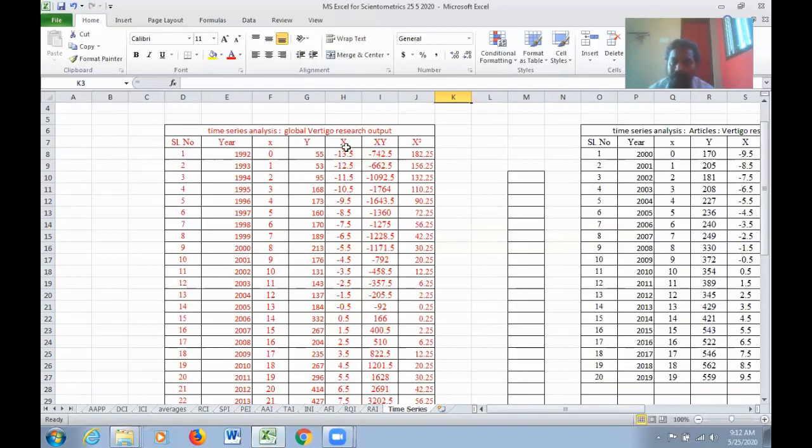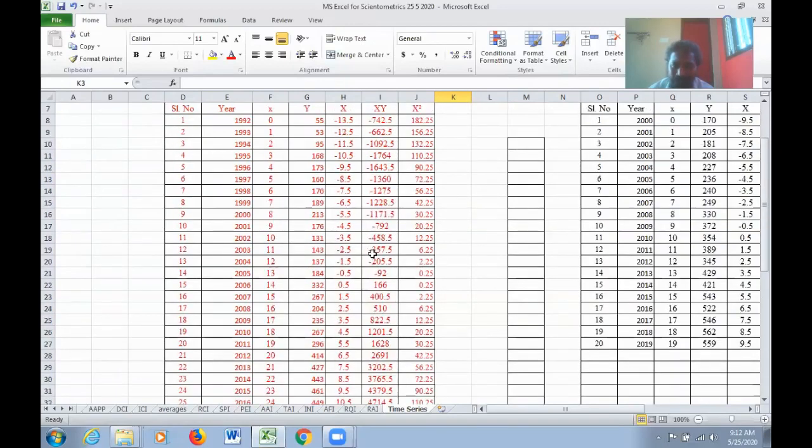Then comes capital X. Okay, it is the one you need to do by yourself. If there are 28 years, you divide it into two halves of 14 and 14. So you go to the 14th year and you type minus 0.5 and you keep on adding 1. For the 14th year, you give minus 0.5.